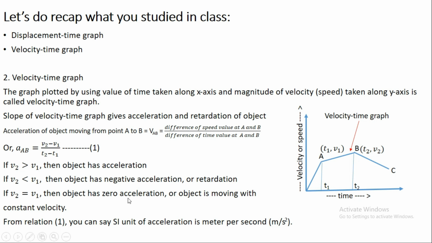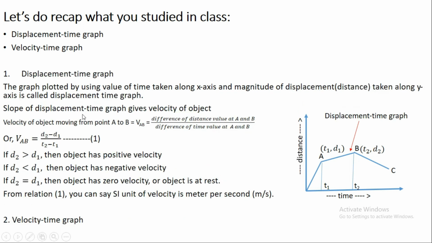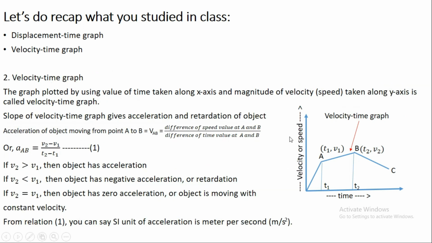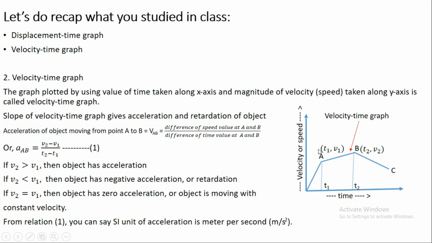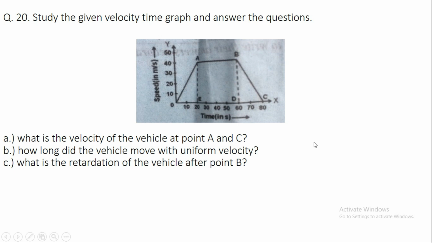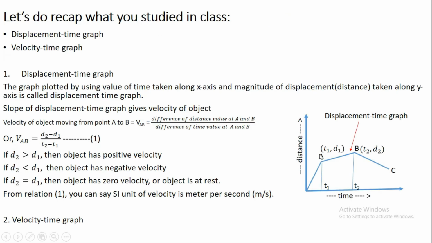This is how you can understand the displacement time graph and velocity time graph. See, only the value along the y-axis is different, but the process of calculating velocity and acceleration is the same. If the displacement time graph is parallel to the x-axis, then in that case velocity is 0.